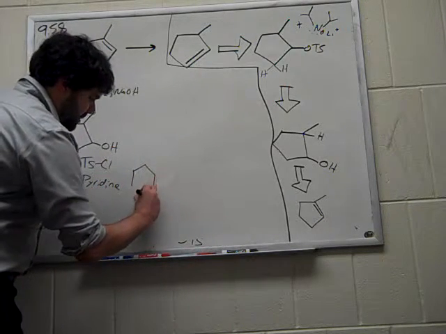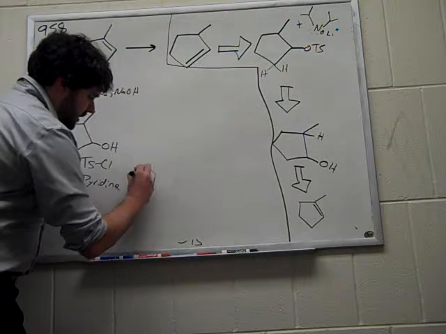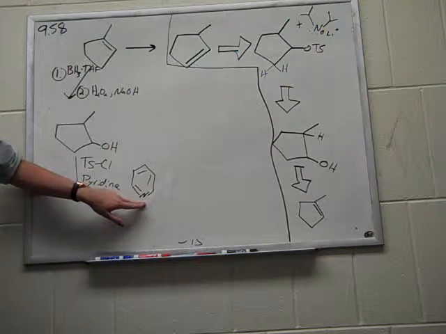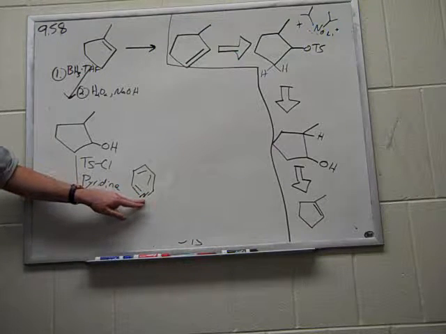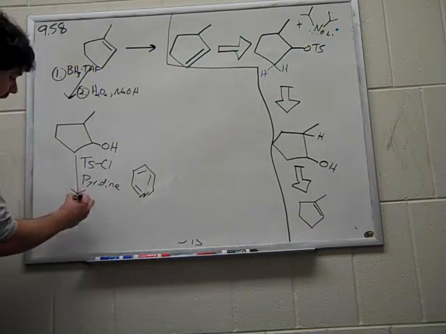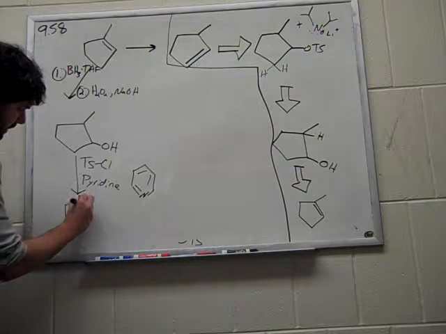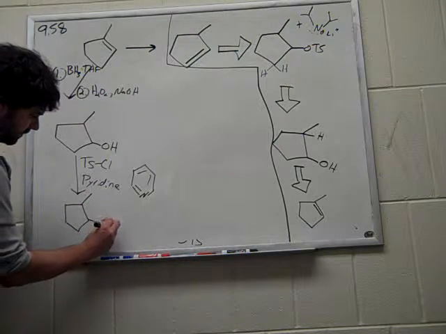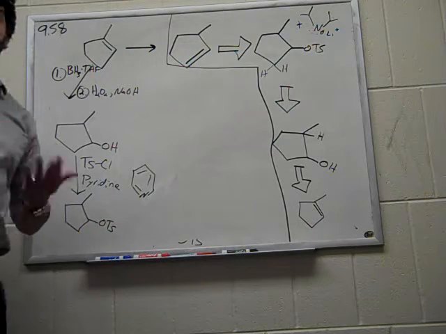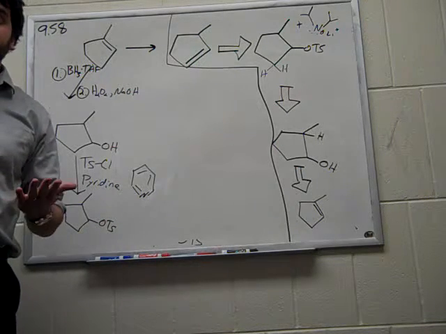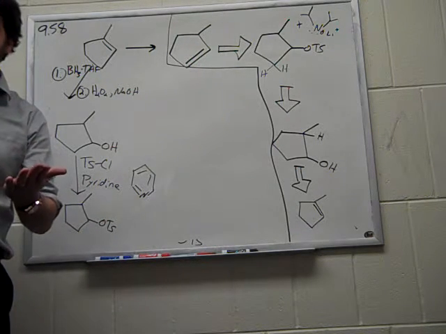It's a 6-membered ring, looks like benzene, except one of the carbons is replaced with a nitrogen. So this is a good basic solvent. What this will allow us to do is directly what's known as protect our alcohol as a tosylate ester. This turns our alcohol into a phenomenal leaving group.